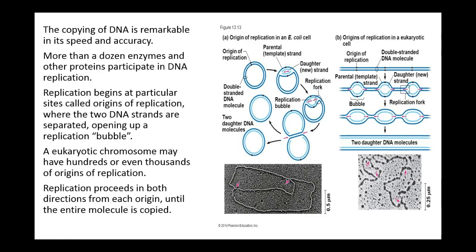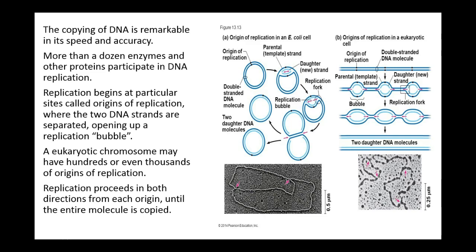One of the things that's kind of eye-opening is the speed with which this replication can take place. Your book talks about, and I don't think I've left it in any of these PowerPoints, a human cell can do about 5 million replications in a day.